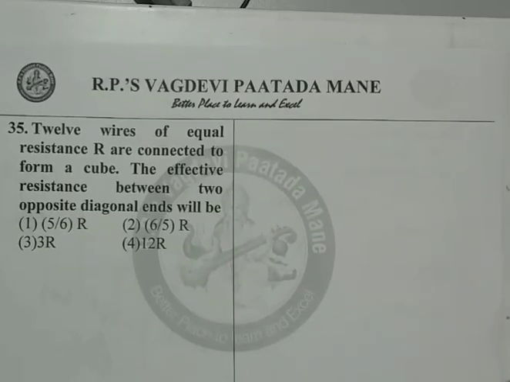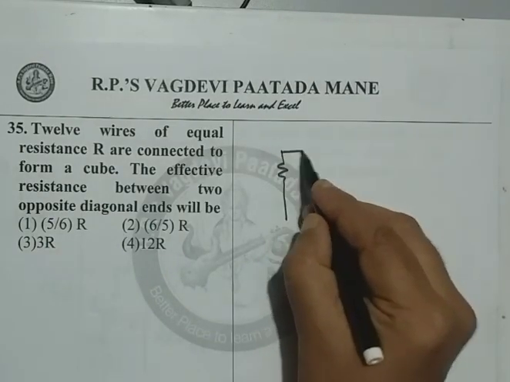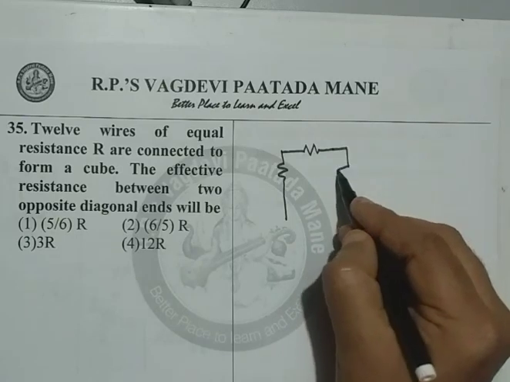The final question for this session, now we think of 12 wires of equal resistance R connected to form a cube. The effective resistance between two opposite diagonal ends will be, say we write the figure for the given statement.